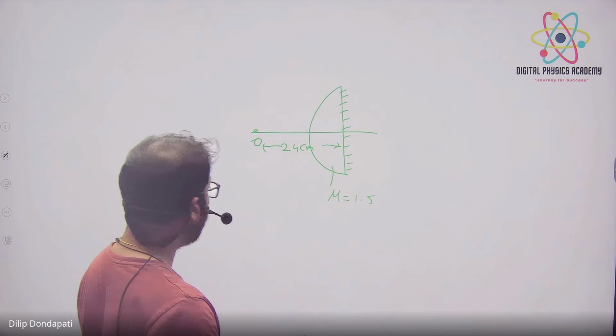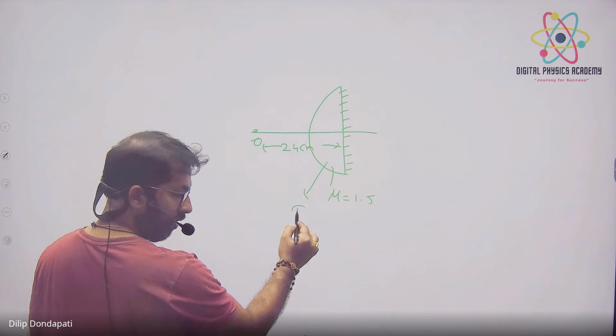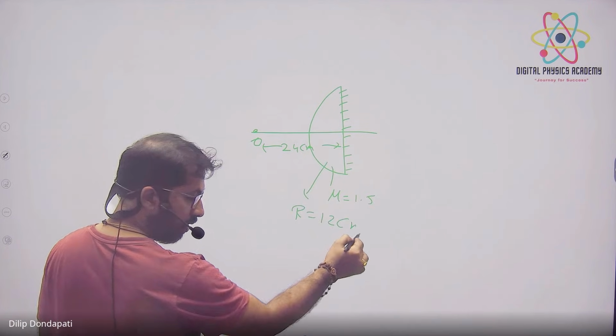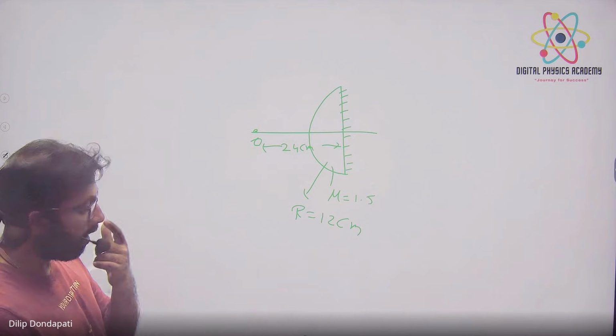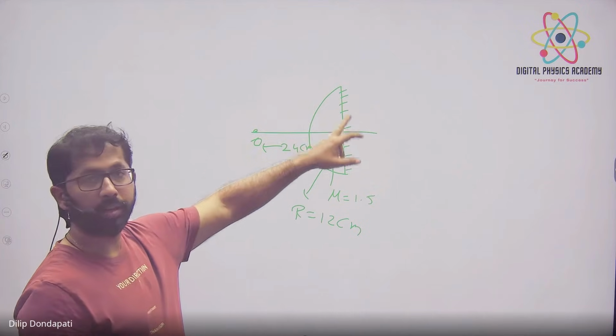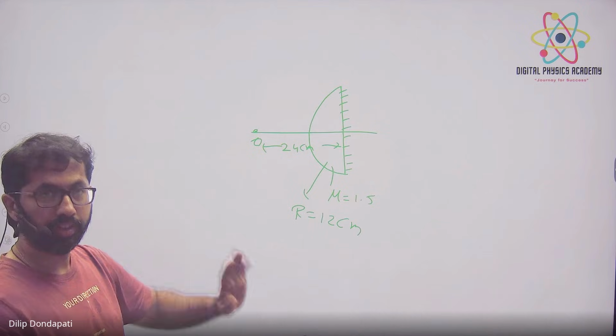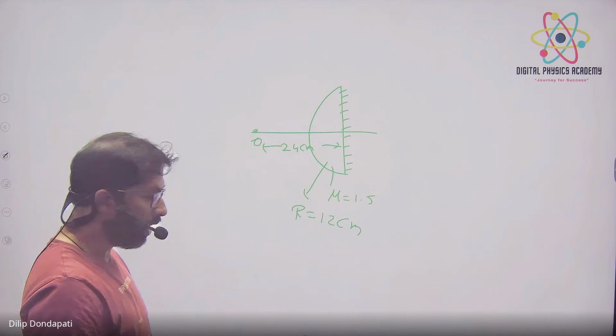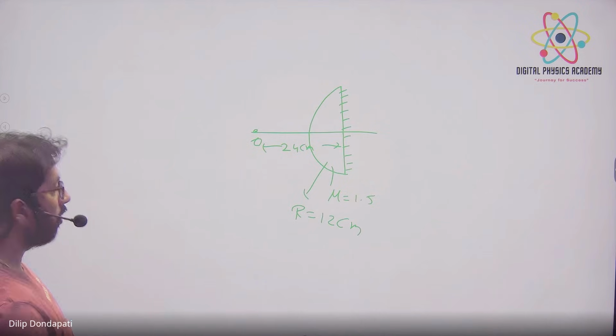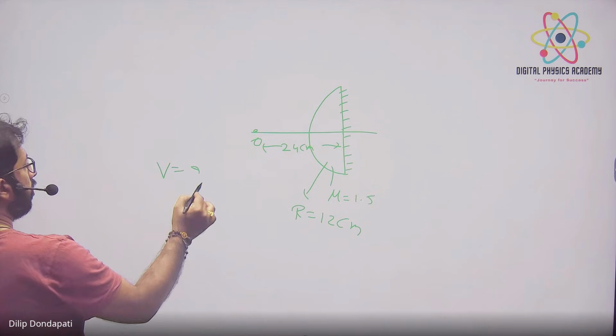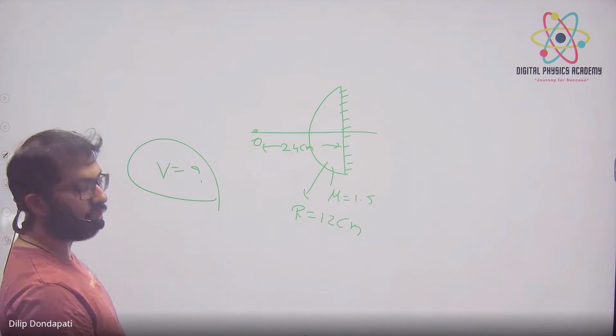Radius of curvature they given as 12 centimeters. And इसका radius of curvature मालूम है ना, plane mirror का radius of curvature infinite. Use करो. He's telling to find where will be V found. V. So by seeing you should understand it is a silvering of lens.